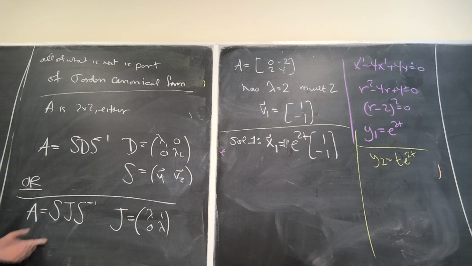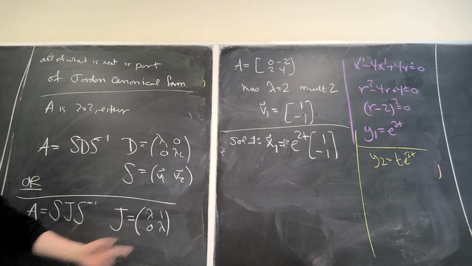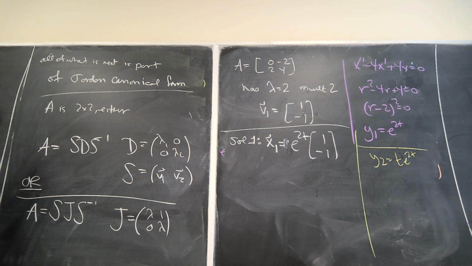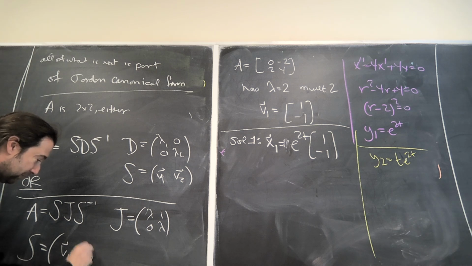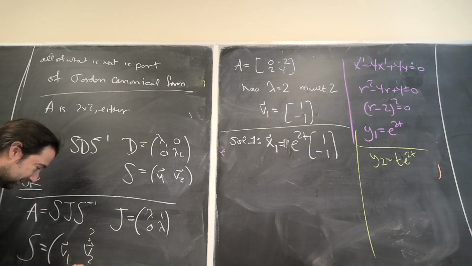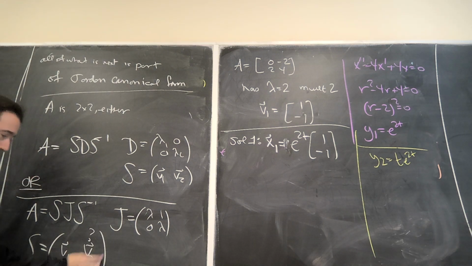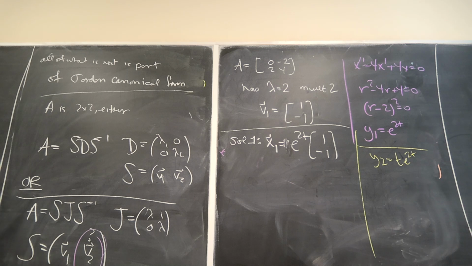The matrix S has the rather obnoxious form V1, which is an eigenvector, and V2, which is a mystery vector. This vector is going to be called a generalized eigenvector, and what I'm going to do next is hint at one of the ways you could discover this thing.